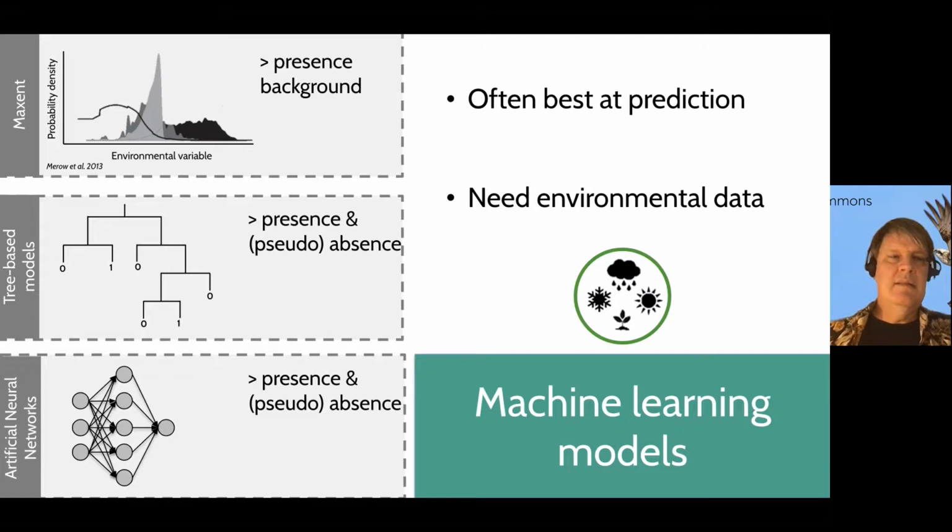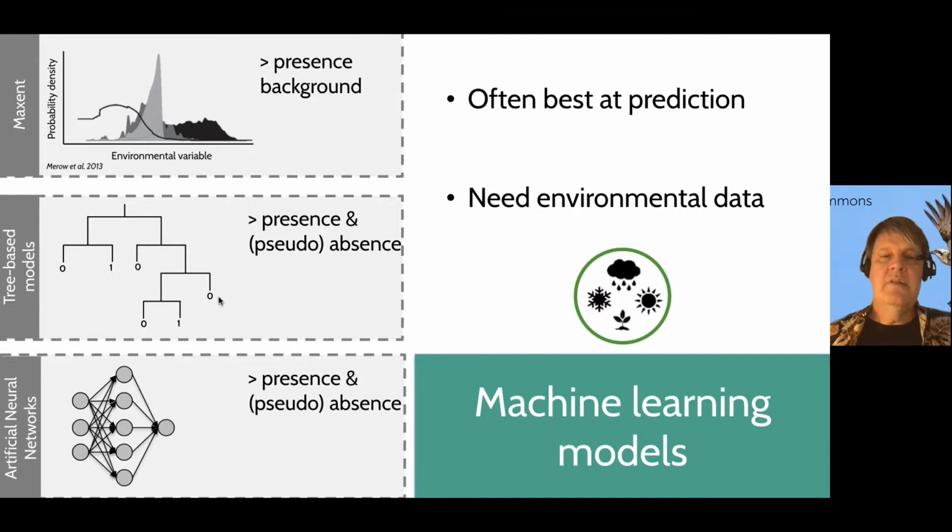And Maxent is really popular because you don't need presence and absence data. You can have presence data compared to the background data. So that's randomly chosen places across your study area. So often you don't have presence and absence data, but both the statistical models and a lot of these machine learning models will require you to have a response variable that is either presence, absence, or maybe abundance.